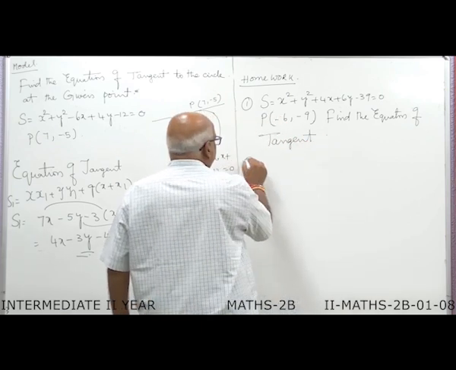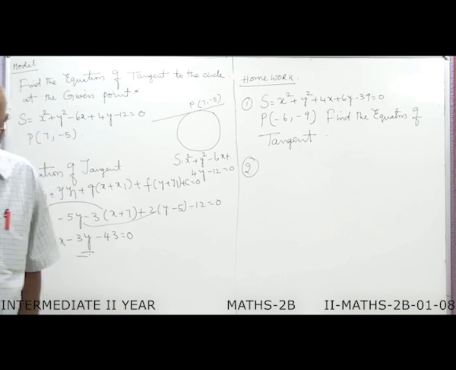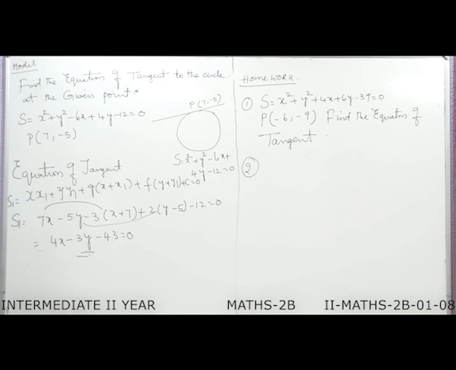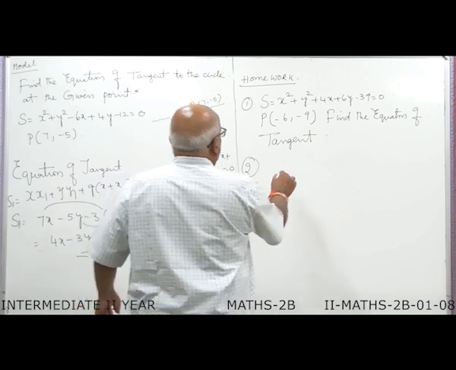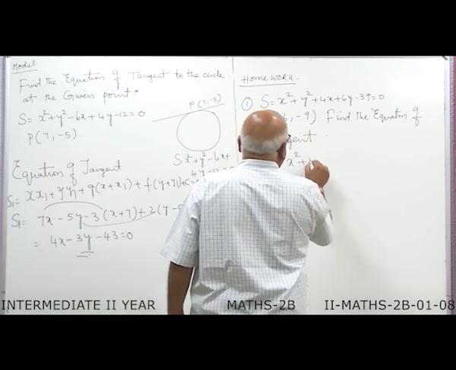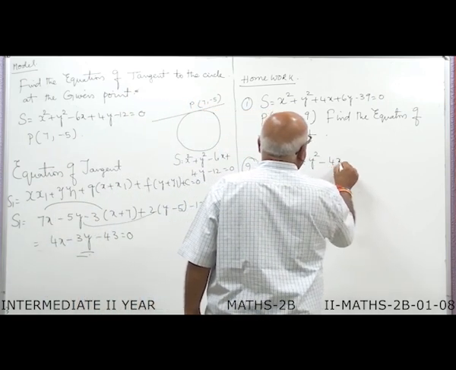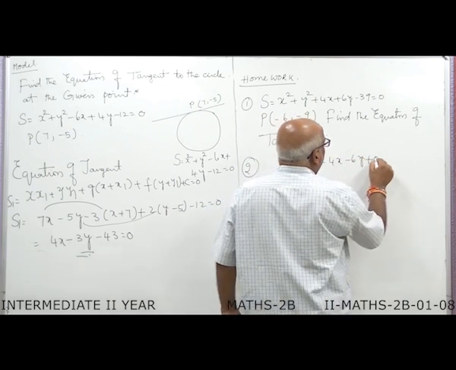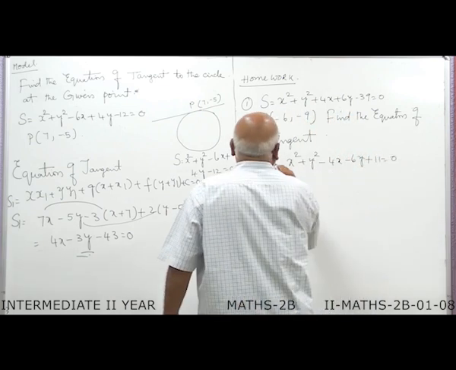Second one, in the same model, is the circle equation x square plus y square minus 4x minus 6y plus 11 equal to 0.